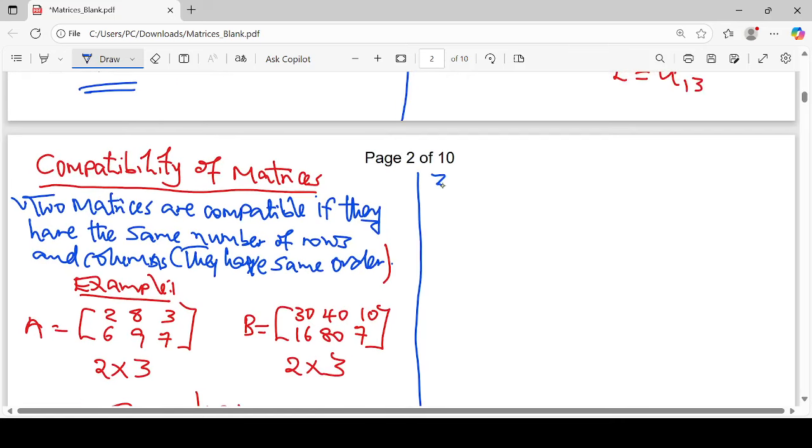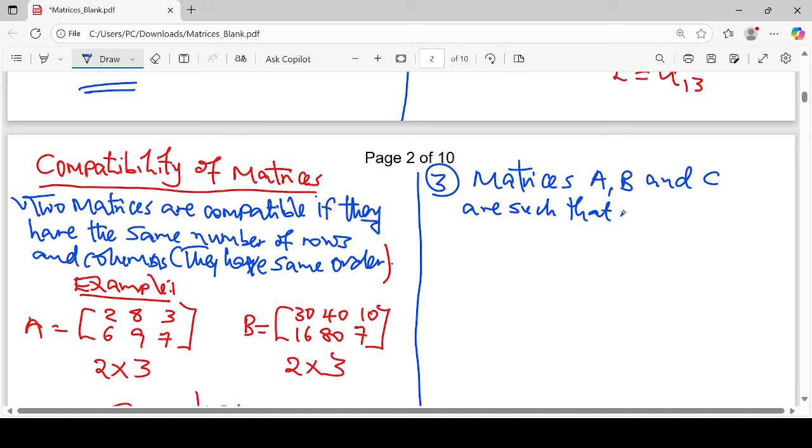Example 3, we've been given that matrices A, B and C are such that A is equal to x, 7, 2y, 3. That is matrix A.